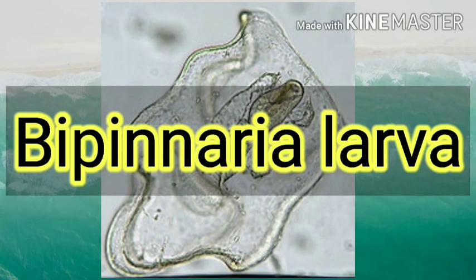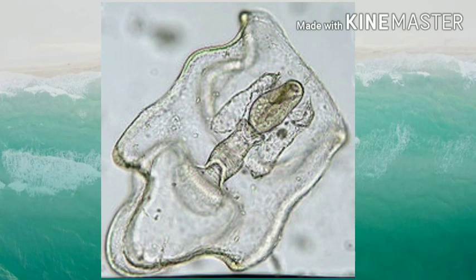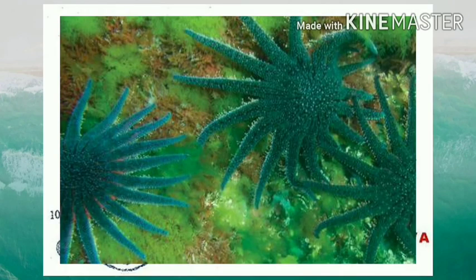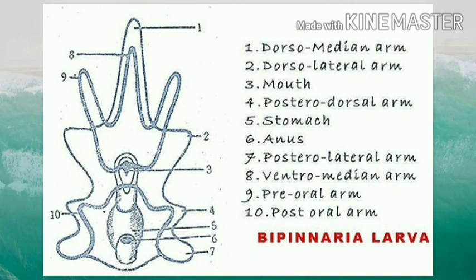This type of larva is characteristic of the class Asteroidea, means the larva of the sea star Pentaceros, or the starfish. It possesses two ciliated bands, that is preoral and postoral. The preoral ciliated band is surrounded by the preoral lobe of the larva.